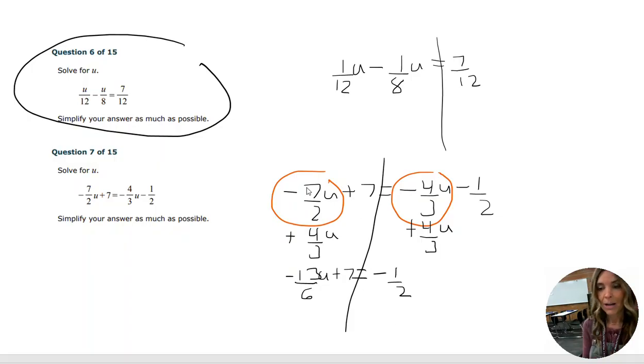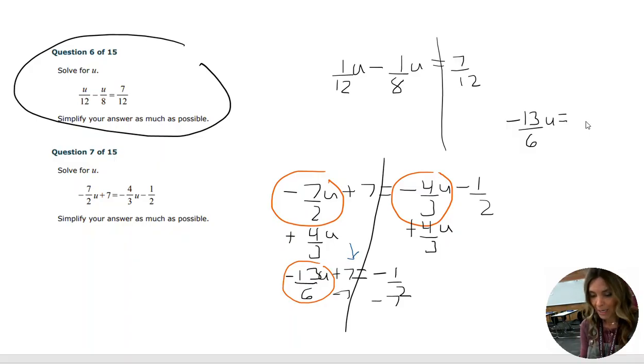Now we have our variable term on the left side, which is what we want, but we need to get our number term on the right side. So we want to get rid of this 7. We're going to subtract 7 from both sides. I ran out of space here, so I'm going to bring this up. -13/6 times u equals -1/2 and then -7.